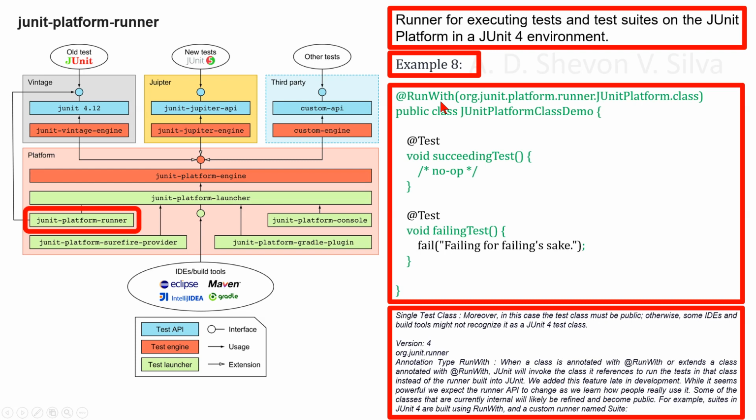When a class is annotated with @RunWith or extends a class annotated with @RunWith, JUnit invokes the class it references to run the tests in that class instead of the runner built into JUnit. We added this feature late in development. While it seems powerful, we expect the runner API to change as we learn how people really use it. Some of the classes that are currently internal will likely be refined and become public. For example, suites in JUnit 4 are built using RunWith and a custom runner named Suite.